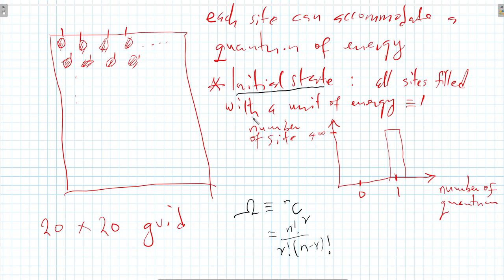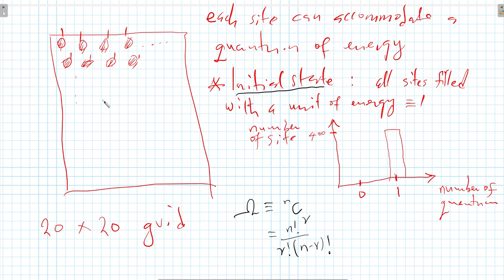For this initial state, we can show a histogram in this way. In the horizontal axis, we have the number of quanta, and on the vertical axis, we have the number of sites having the quantum number under consideration.